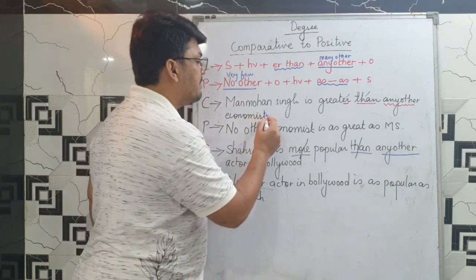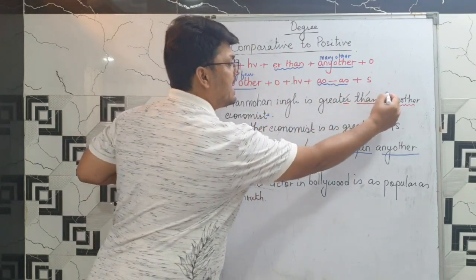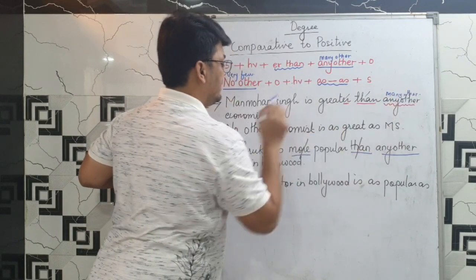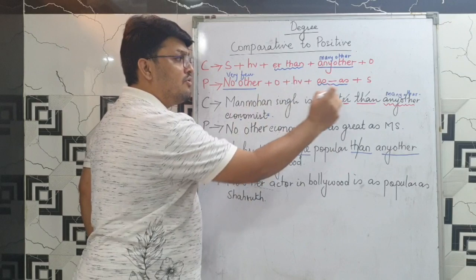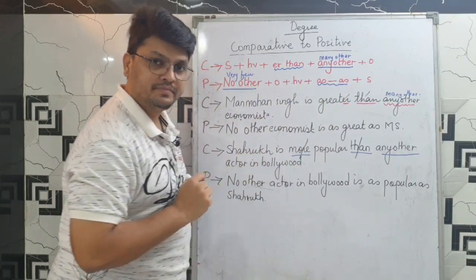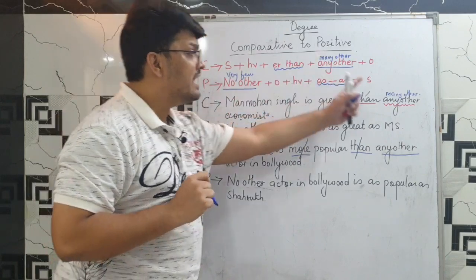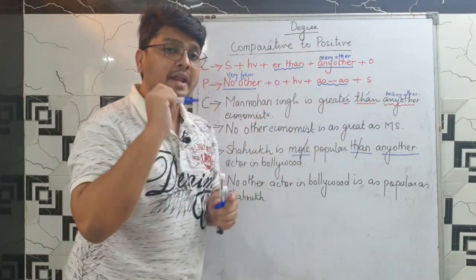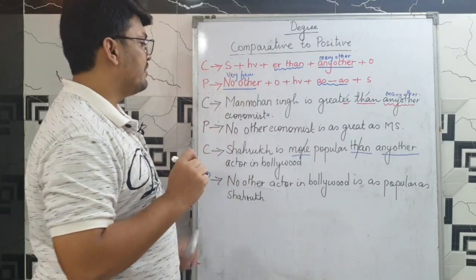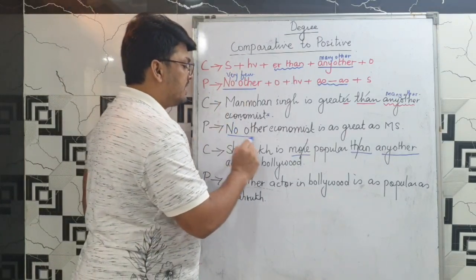Now this will become plural. If I use many other over here, whatever noun comes after many other will become plural. And then when you see many other in comparative degree, begin positive degree with very few. So we'll start with very few economists, plural, instead of no other.